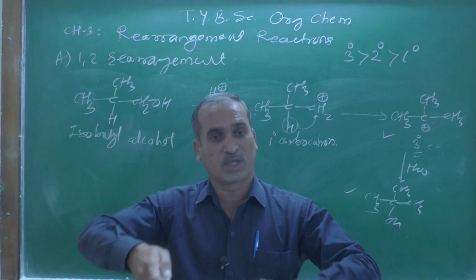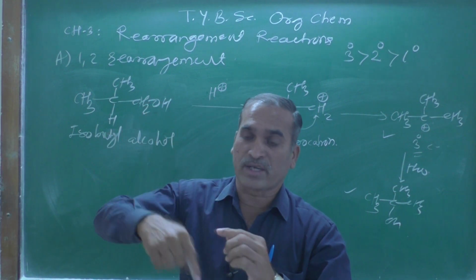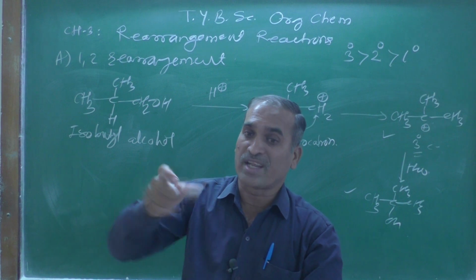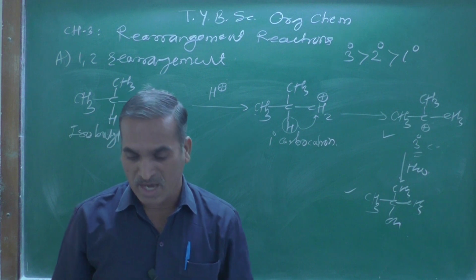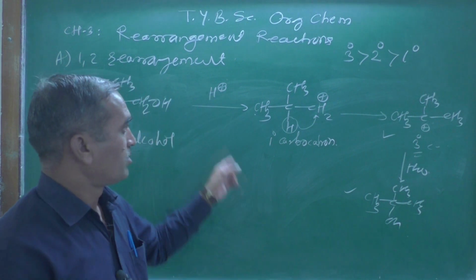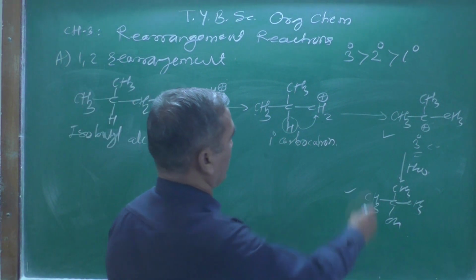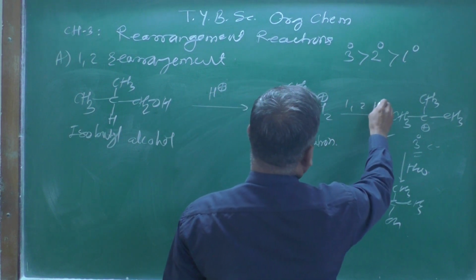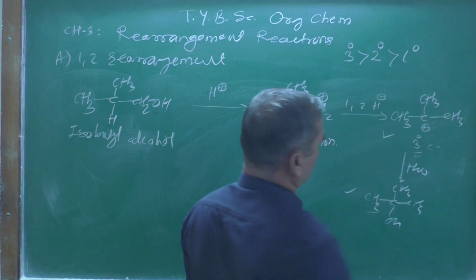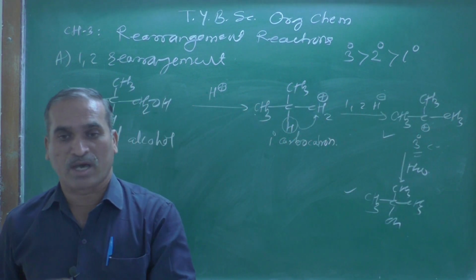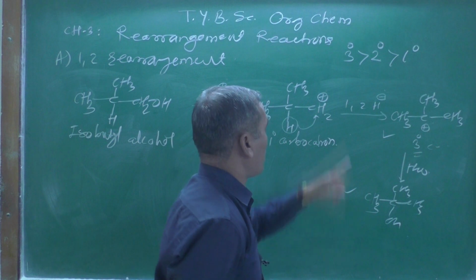How do the atoms automatically get rearranged within the molecule? Such a type of reaction is known as the shifting of that hydride, H minus shift, and it produces the most stable carbocation, which is a tertiary carbocation.